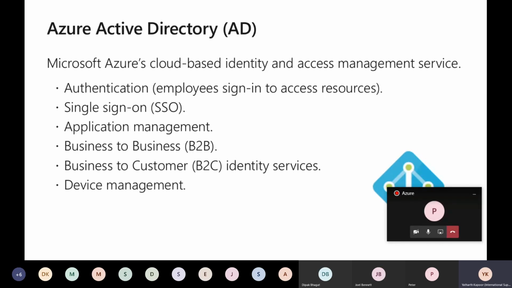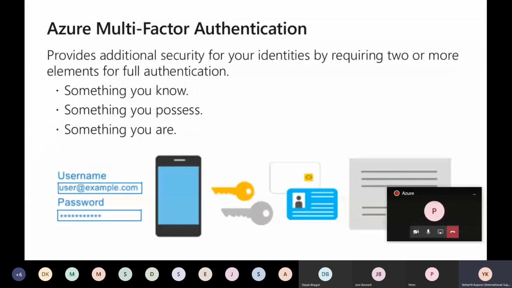So when you move your services to Microsoft Azure as opposed to AWS, you don't have to spend too much time and too much effort on the identity management because that has already been taken care of since you are already on Azure AD being an Office 365 user. So this is just one of the things, right?